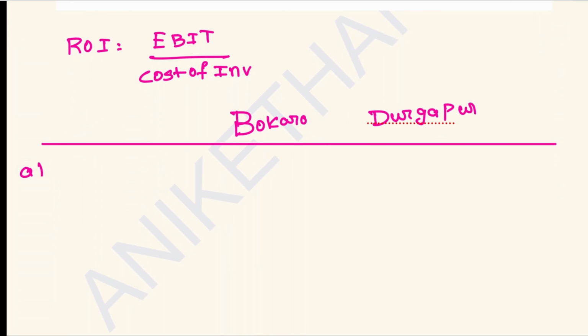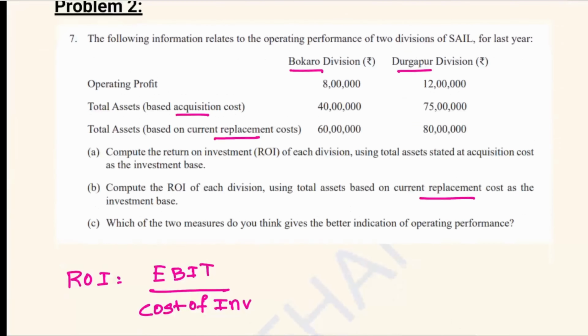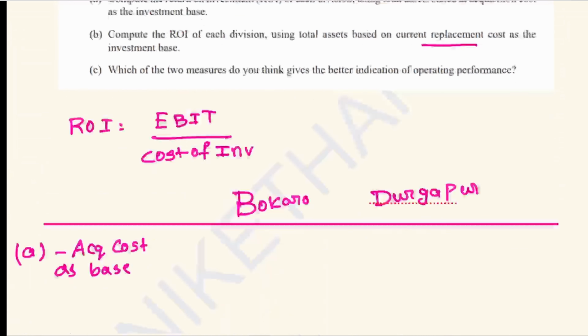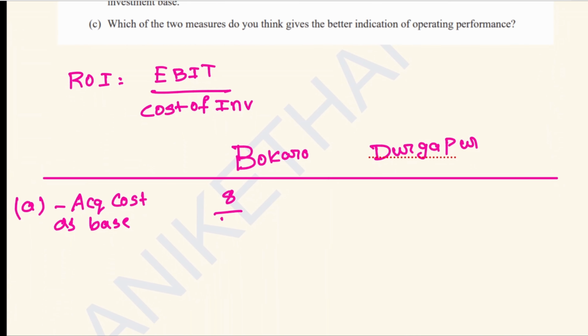Then A is acquisition cost as base. So ROI is equal to EBIT over cost of investment. For Bokaro, what is EBIT? 8 lakh. And acquisition asset cost is 40 lakh. So this will be 8 over 40, which is equal to 20%.